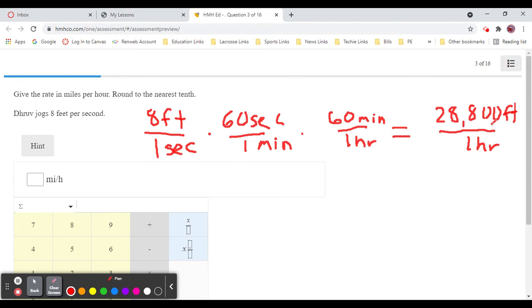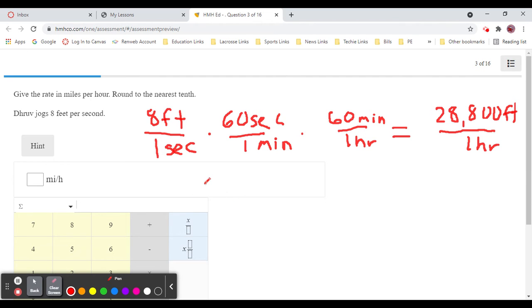Okay, that's not what I want to know. I want to know how many miles he's gonna run in 1 hour. But it's already in feet, so I'll really only have to do one conversion. And that conversion is just taking feet and turning it into miles.